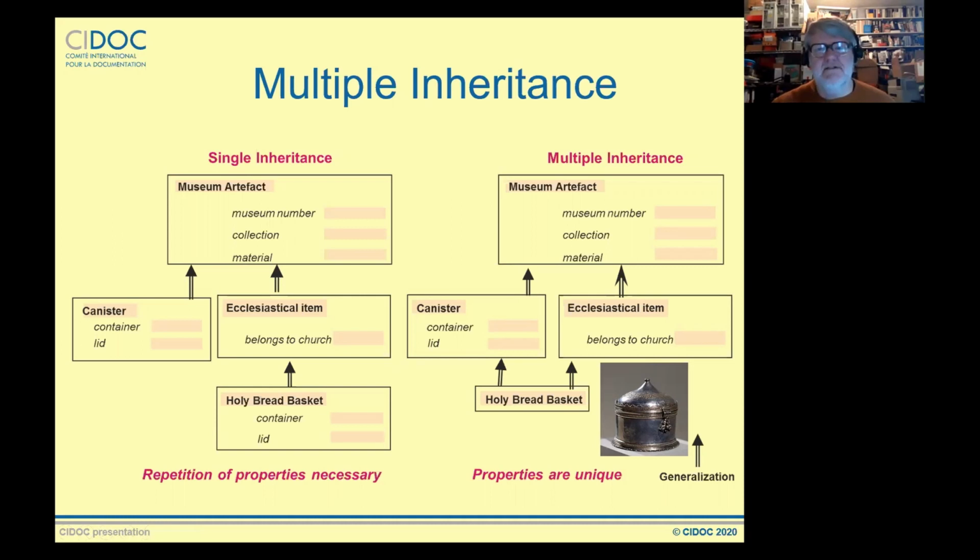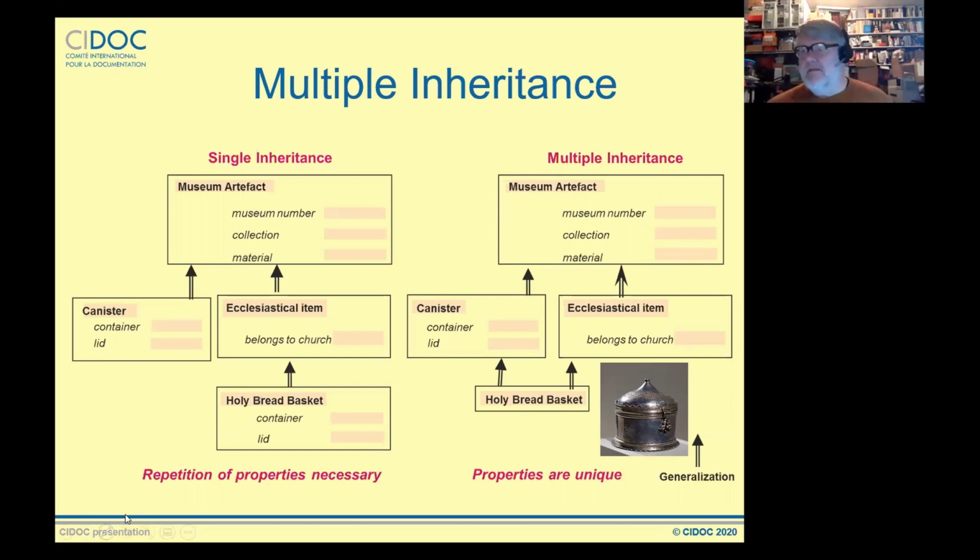So it inherits the properties from canisters, but it also inherits the properties from ecclesiastical item of belonging to a particular church. So this idea of multiple inheritance is something key to the way we've built the standard, because it greatly simplifies querying the resulting model.